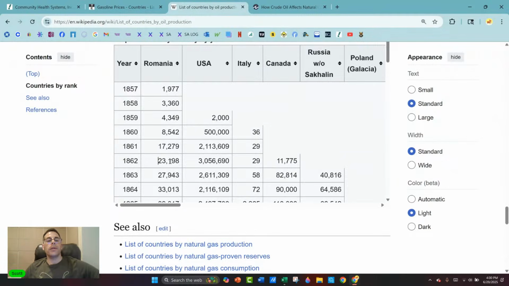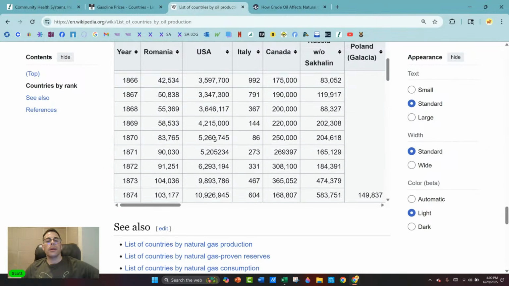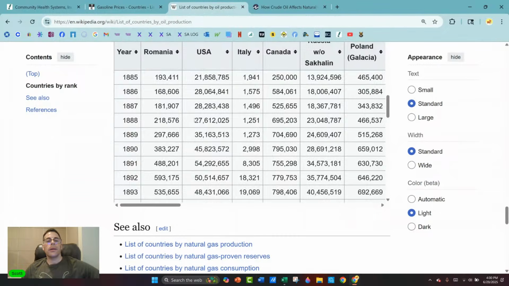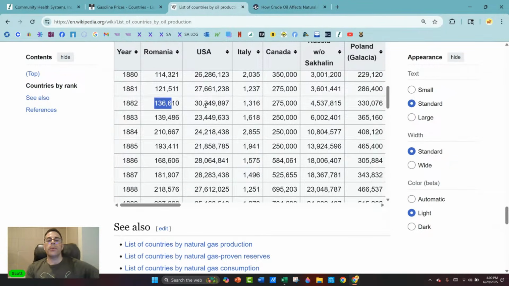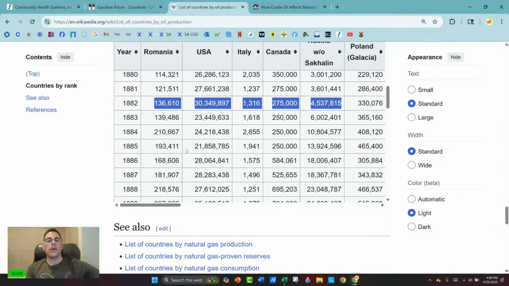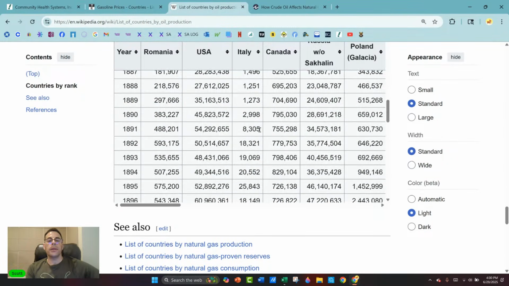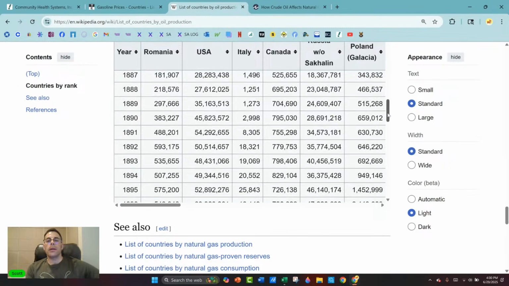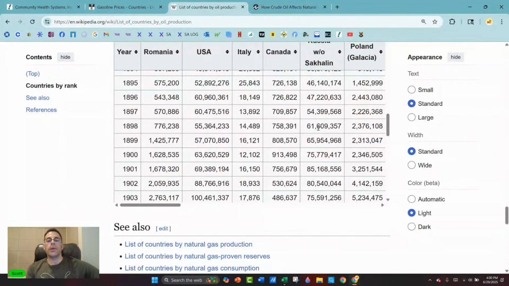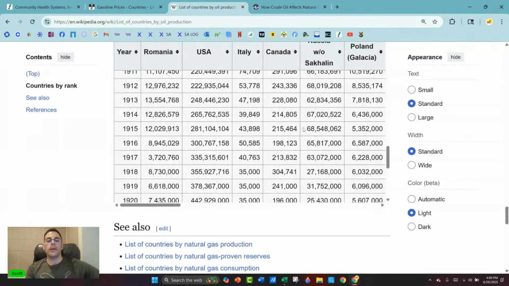So you see, in the 1800s, we produced all the oil in the world. Even in the late 1800s, we produced more than anybody else, over 90% of the oil. Then Russia took over in the late 1800s, early 1900s.